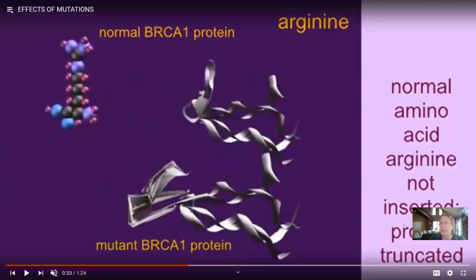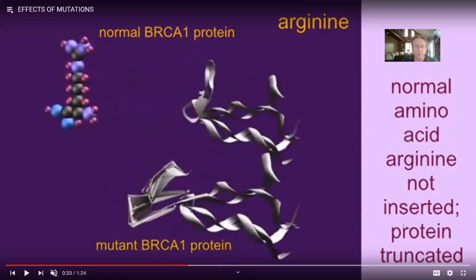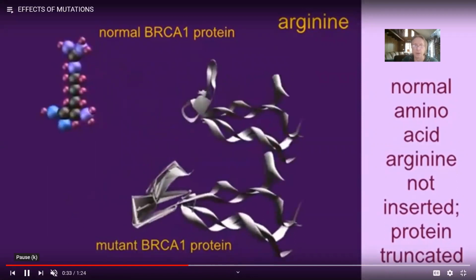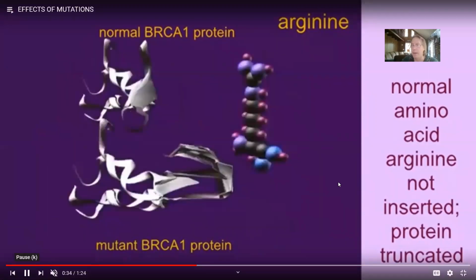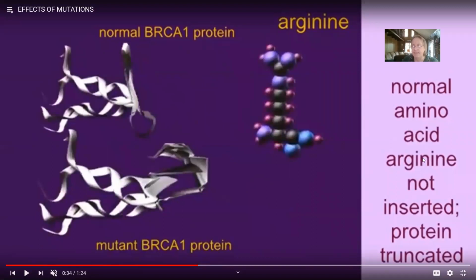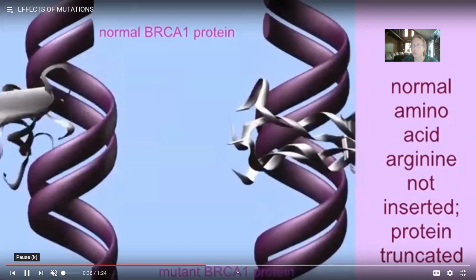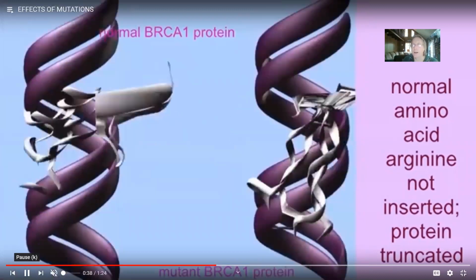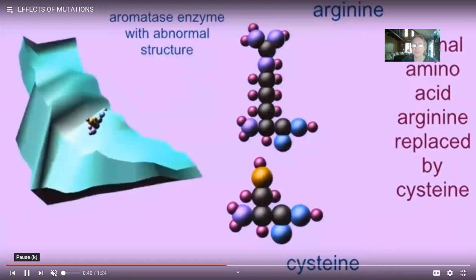And so, for example, if you were to look at different mutations which can cause breast cancer, some instead of inserting the normal amino acid arginine, then have a stop codon instead, and then the protein is too short, and it would not function.